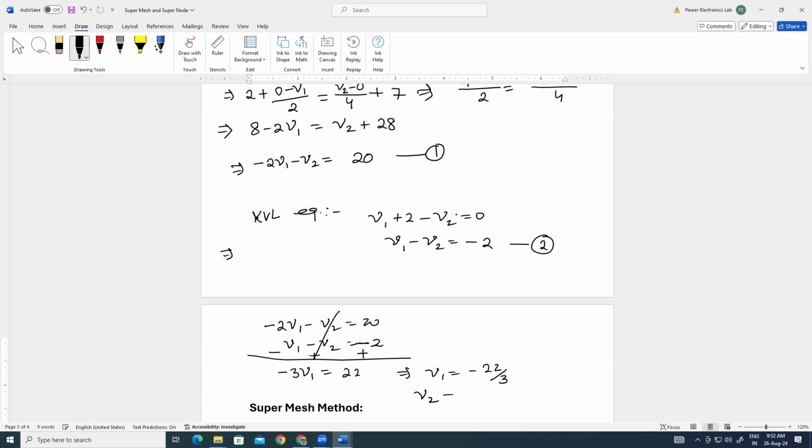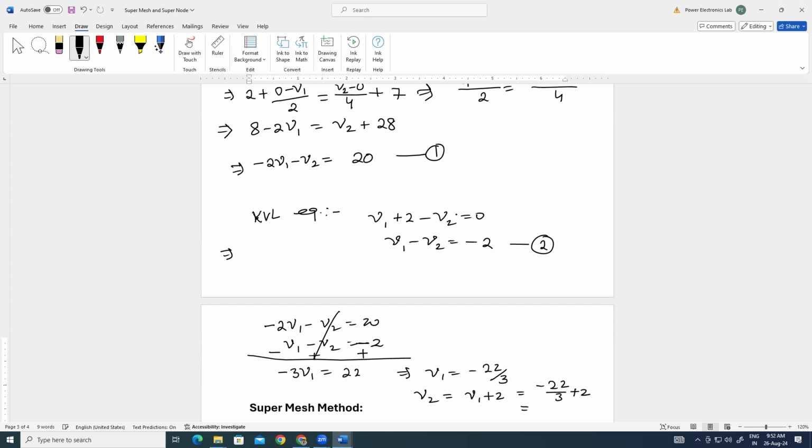So V2 we can identify by putting the value of V1 in any one equation. V2 will be equal to V1 plus 2, so minus 22 by 3 plus 2.